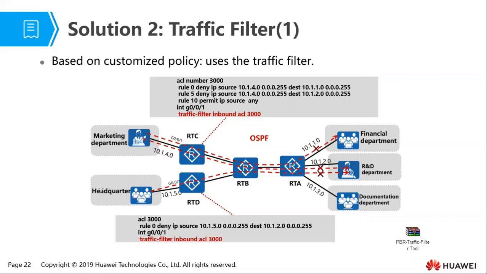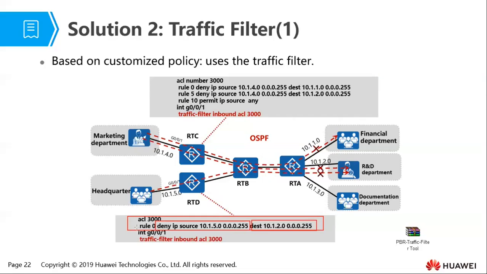So we don't want the headquarters to access R&D, so we can also do this. This is just an alternative. We can create an ACL that denies anyone coming from the headquarters, so the 5.0 network, and going to the R&D 2.0 network.